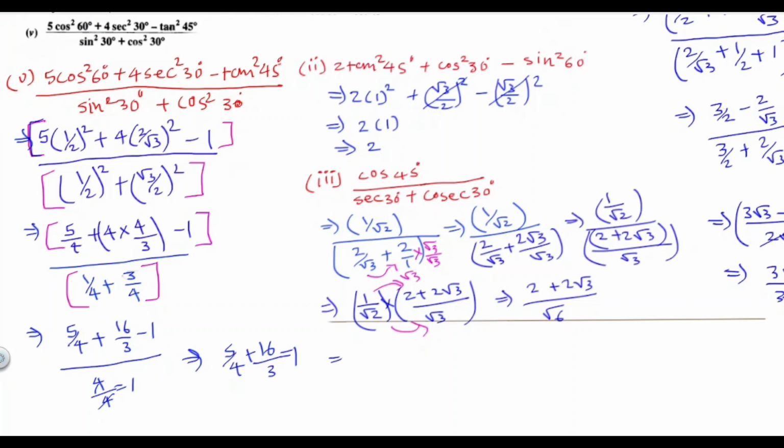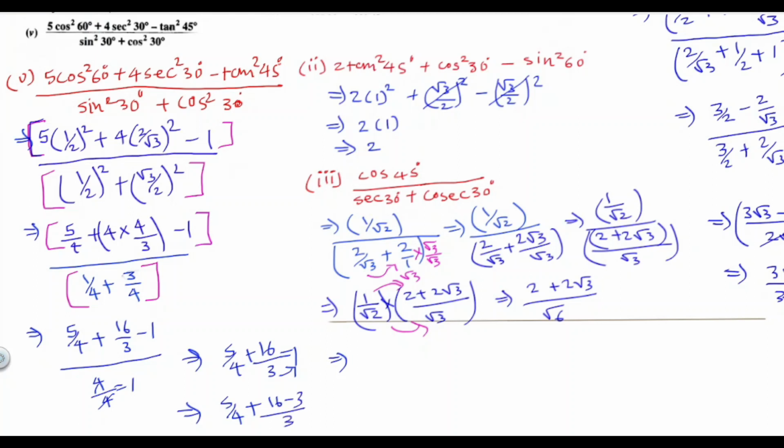Okay, let's simplify this a little bit more. 5 by 4 plus the solution of this, 16 by 3 minus 1. So we just multiply 3 to 1, which gives us 16 minus 3 by 3.